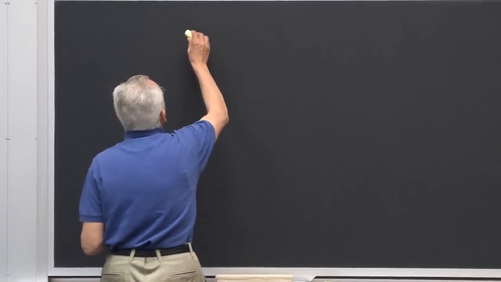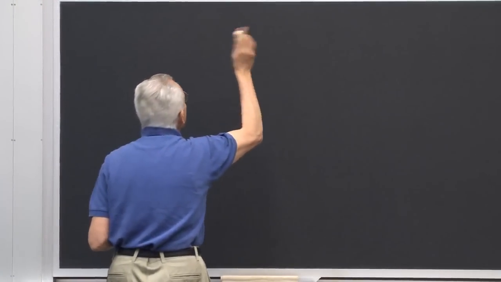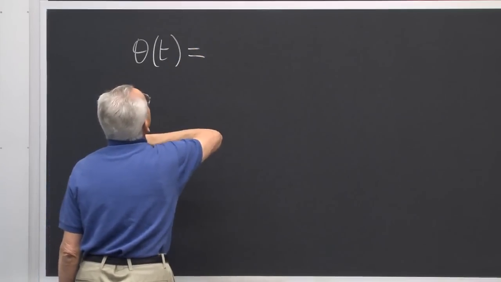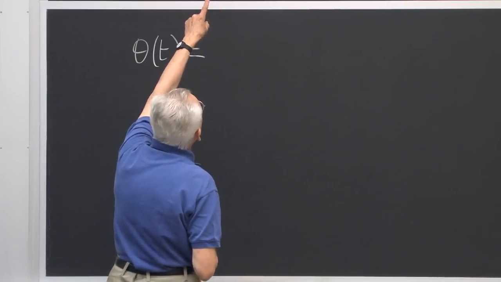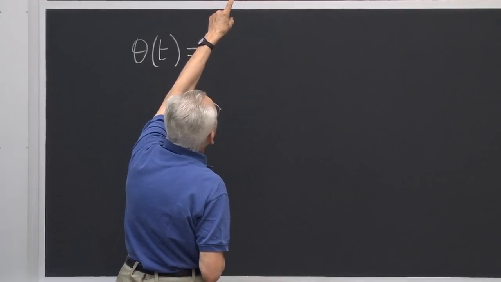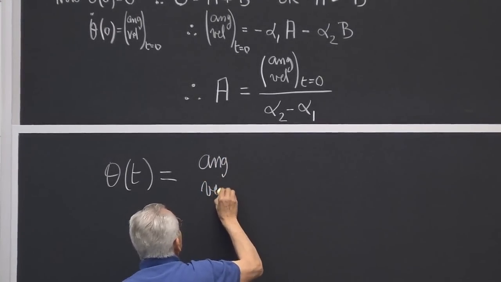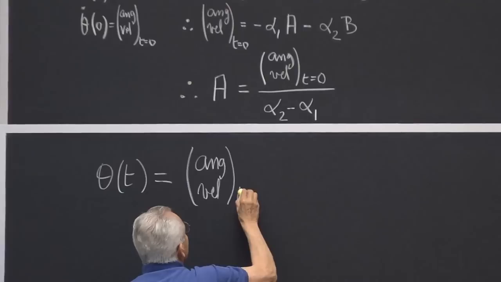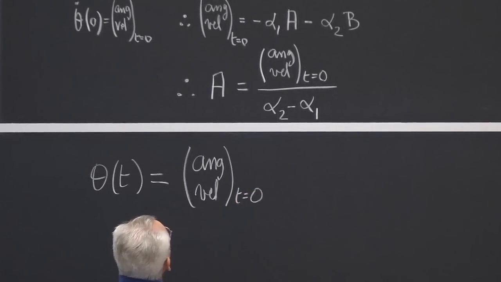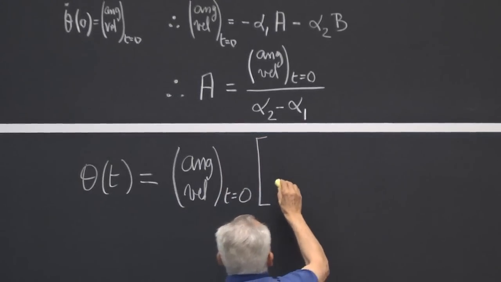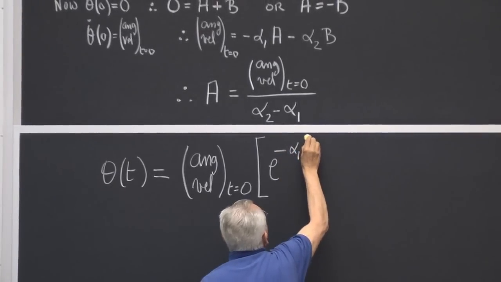We have found the specific solution to our equation of motion, which satisfies these boundary conditions: theta of t is equal to a e to the minus alpha 1t, where a is the angular velocity at t equals 0, into e to the minus alpha 1t.